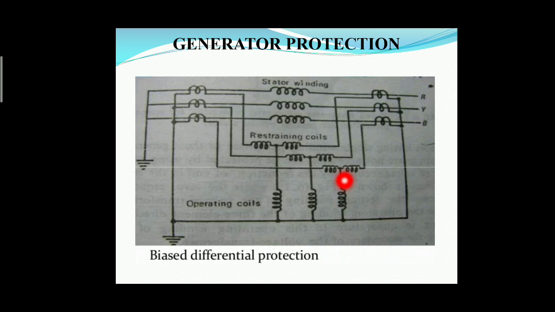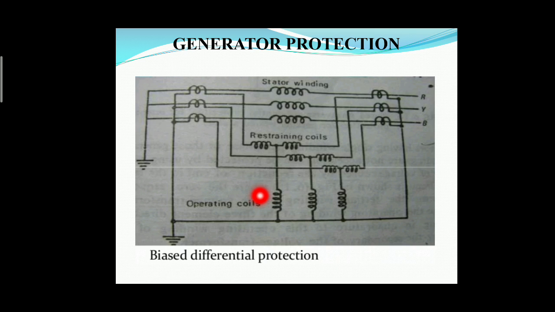The percentage biased differential relay comprises two restraining coils and one operating coil per phase. During internal faults in the winding of the stator, the torque produced by the restraining coil is ineffective.